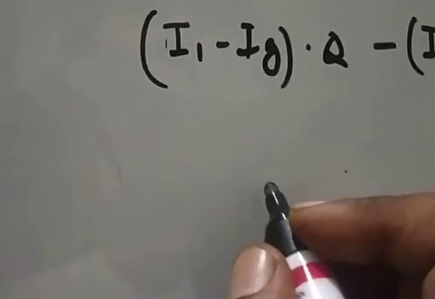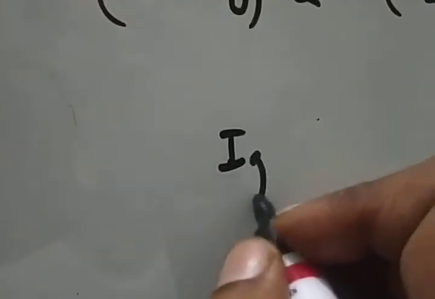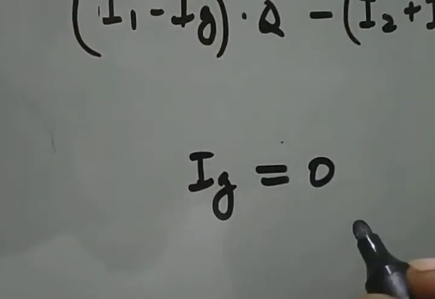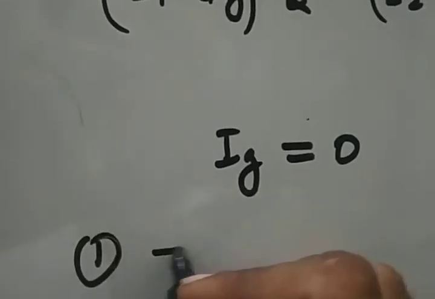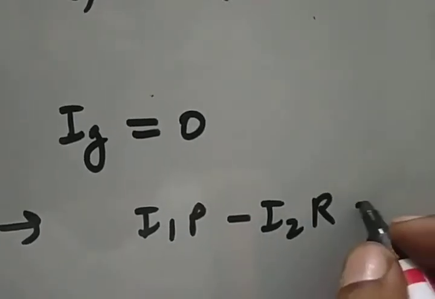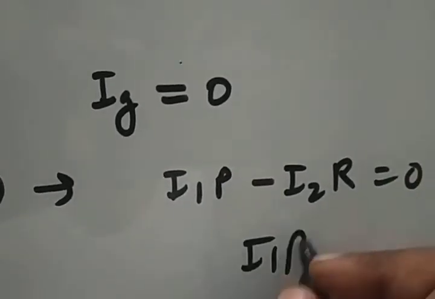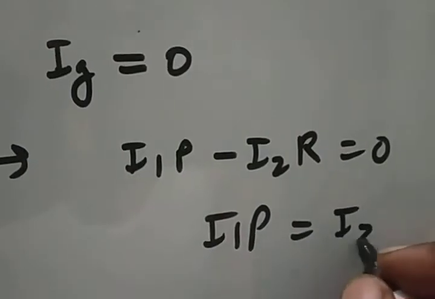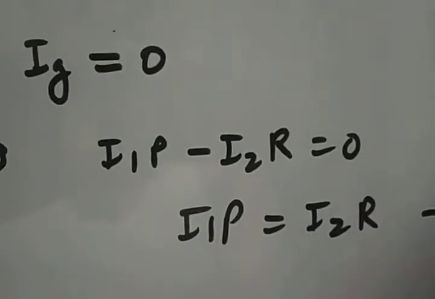Now if the bridge is balanced, then in that case IG will be 0. So equation 1 will become I1P minus I2R equals 0, that is I1P equals I2R. Equation 3.